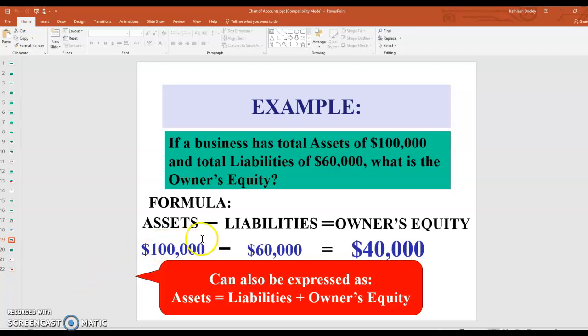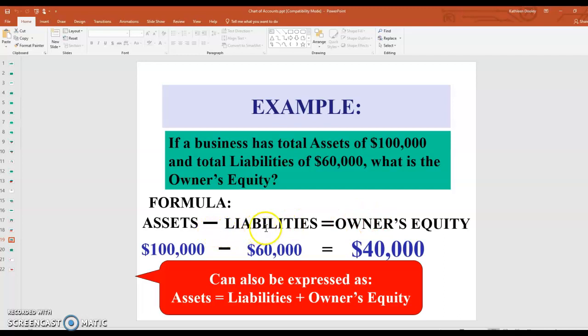We can also switch this around. Here we have assets minus liabilities equals owner's equity. We can switch that around, and this is all known as the accounting equation. So the most common way of putting it for the accounting equation is assets equals liabilities plus owner's equity.